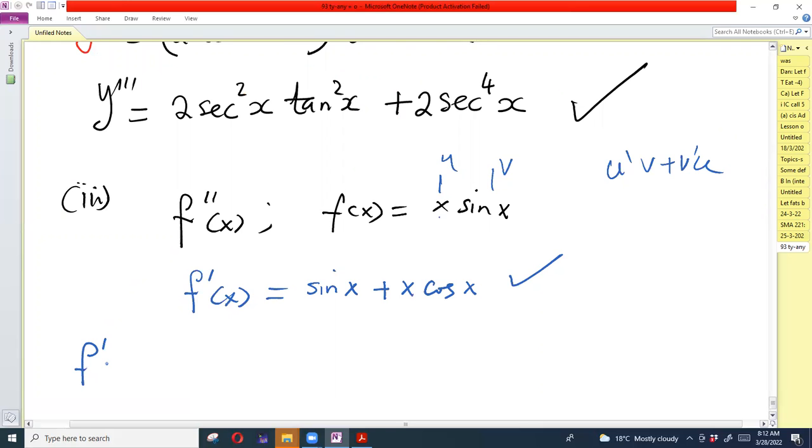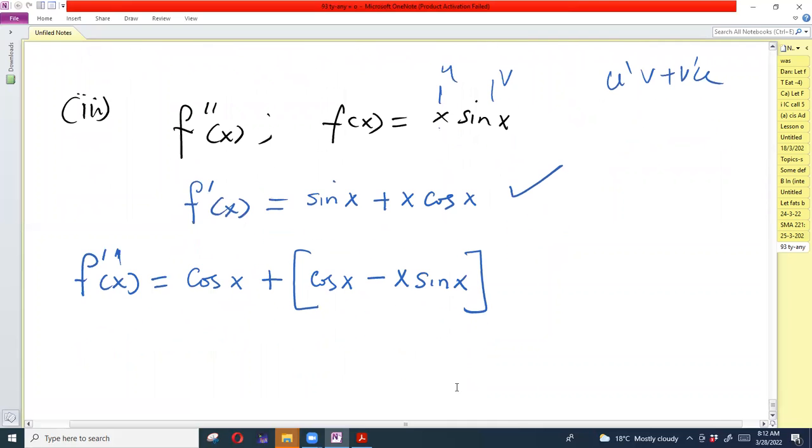And the second derivative, so differentiating this part, we get cos of x plus, for this, we use the product rule. So let this be u, this be v. u prime is 1, so cos x. v prime is minus sin x times x, will be minus x sin x.